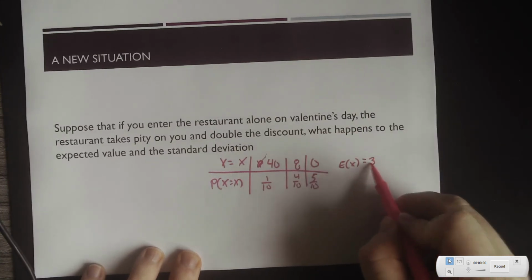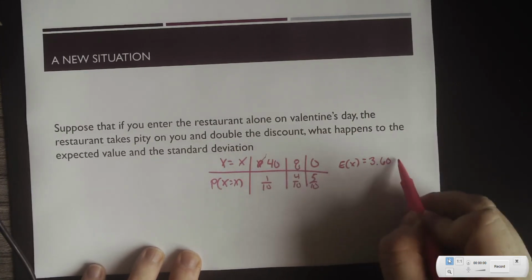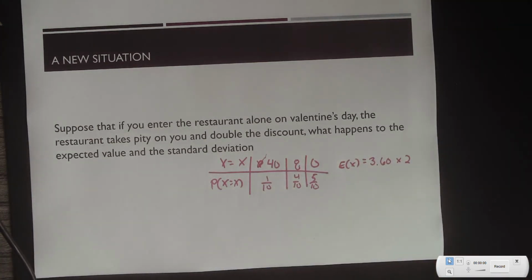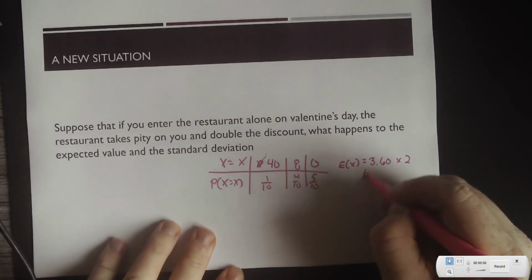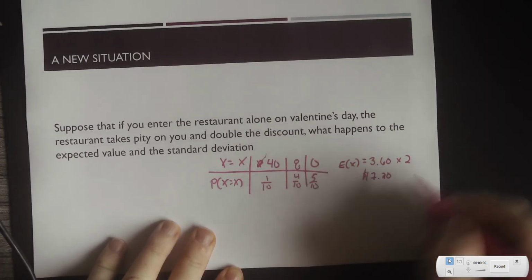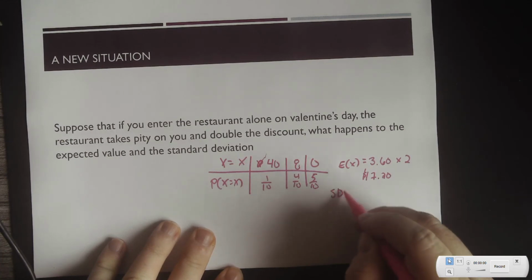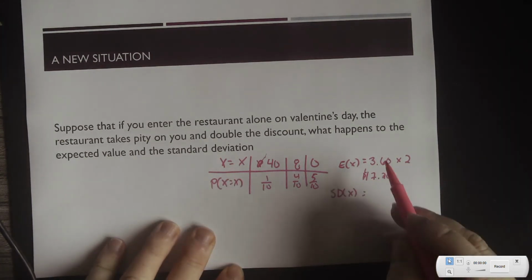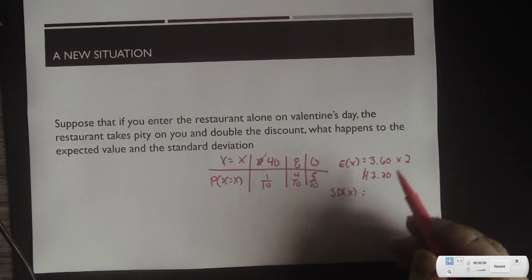Well, it turns out the rules for expected value just continue. If I'm going to double all these numbers, I'm going to double the expected value, and doubling the expected value gives me 7.2. And then for my standard deviation, it is changing this time, but luckily it's going to follow suit.